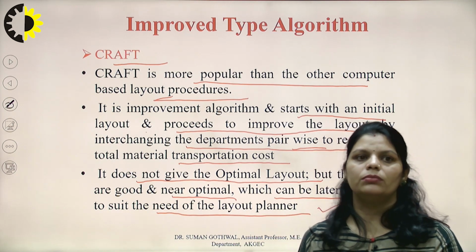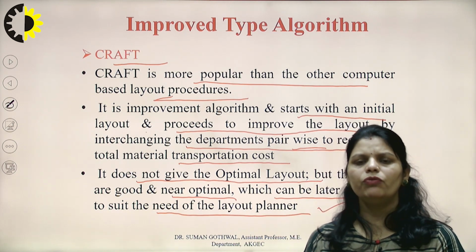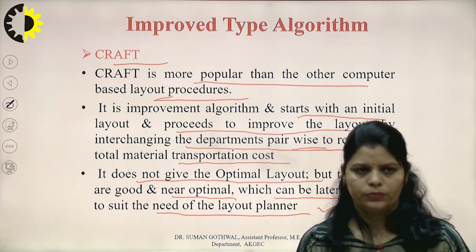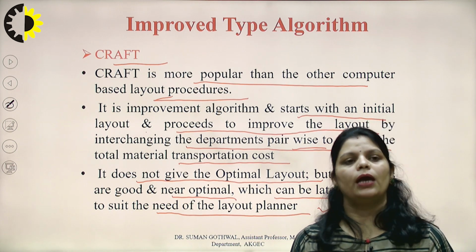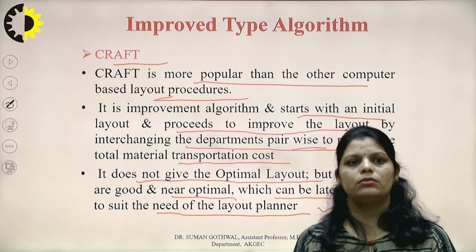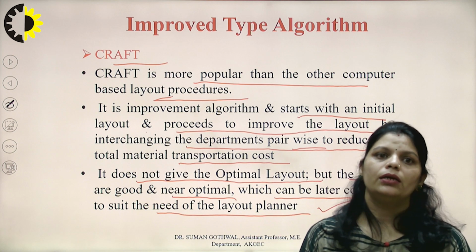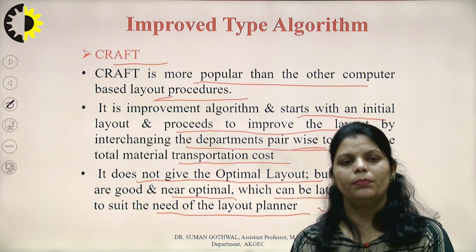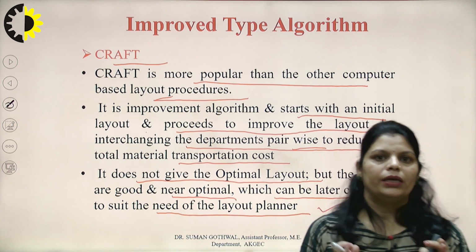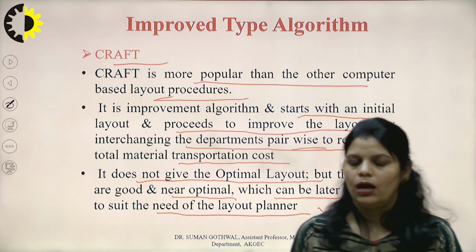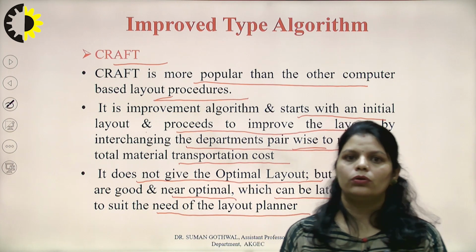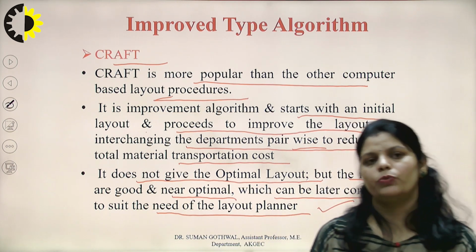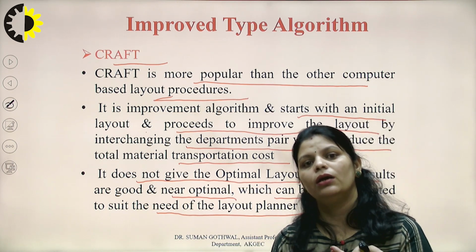So there are some steps involved. We require the input details, and in this input details we basically need the initial layout, the cost of the material handling per unit distance, and their movement data, and then we will compute the total handling cost corresponding to that particular initial layout.